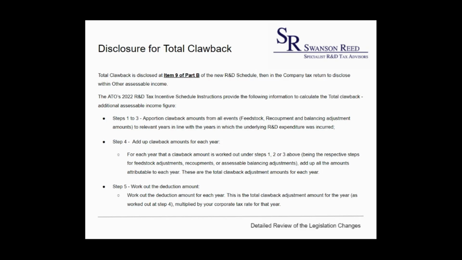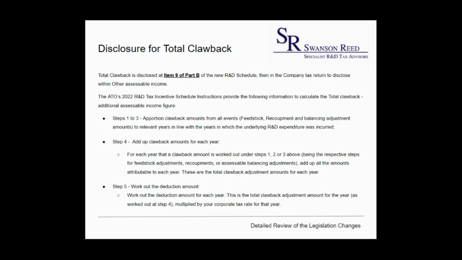Step 4, add up clawback amounts for each year. For each year that the clawback amount is worked out under steps 1, 2 and 3, add up all the amounts attributable to each year. These are the total clawback adjustment amounts for each year.